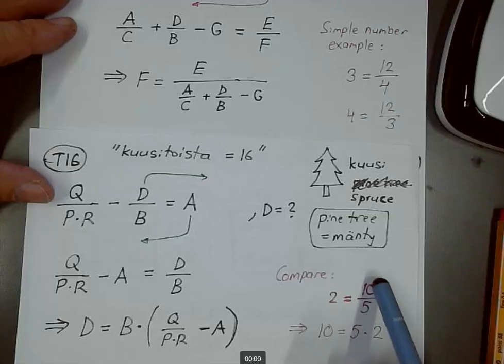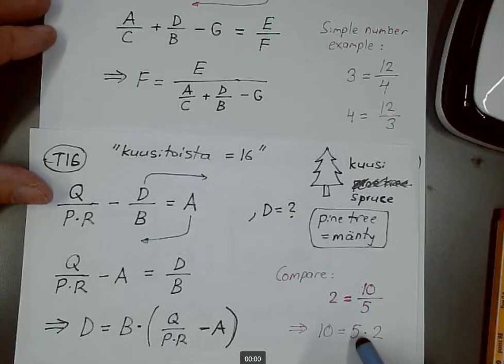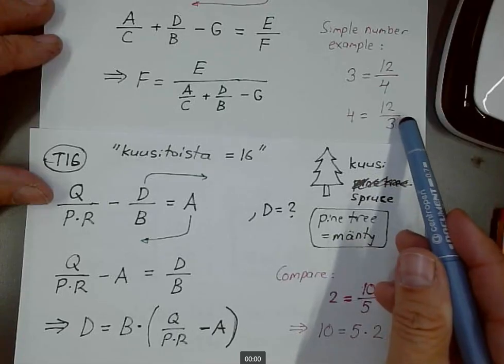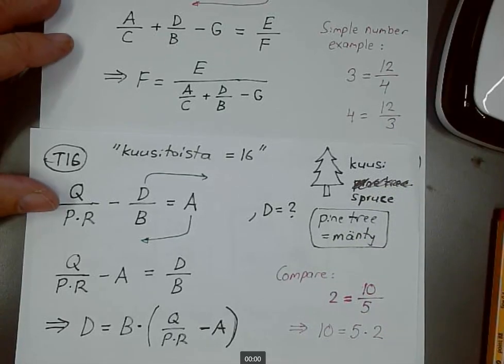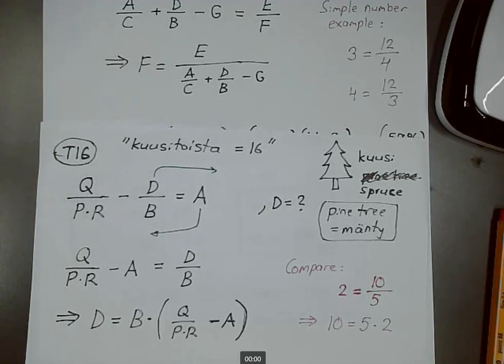So the unknown is in the place of this 10 here, and this 10 is gotten by multiplying 5 with 2, and that's why there is multiplication here and division there. Okay, sir. Thank you.